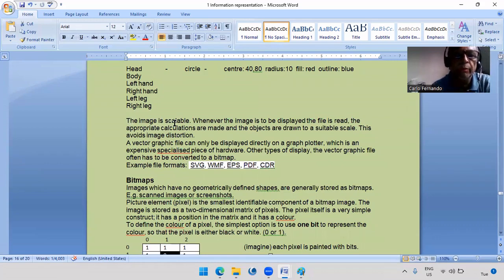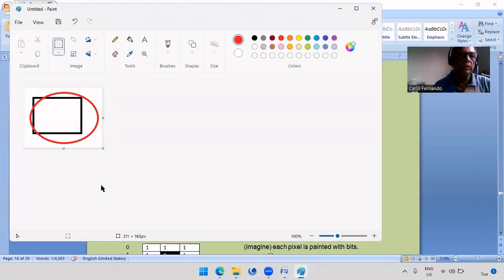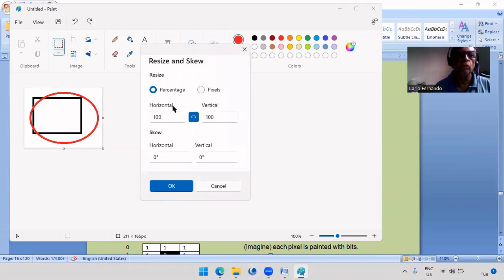The image is scalable. Whenever the image is to be displayed, the file is read. What do you mean by read? So here, if you increase the size by resizing, resize 100, you make it 200%.